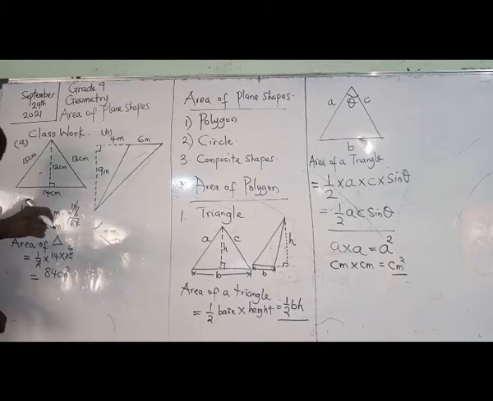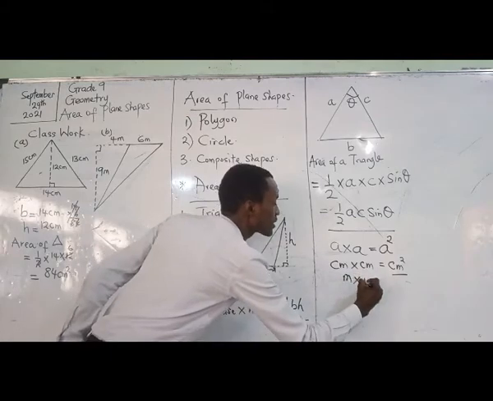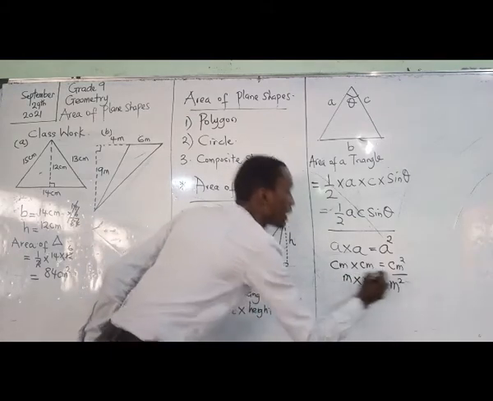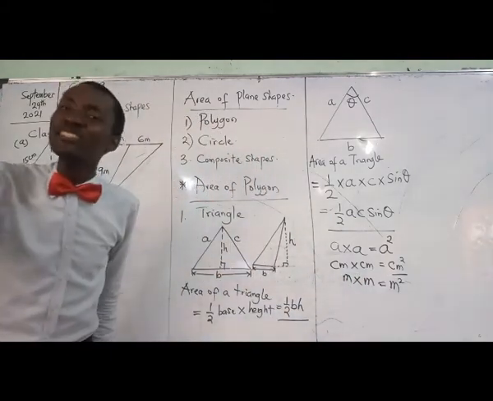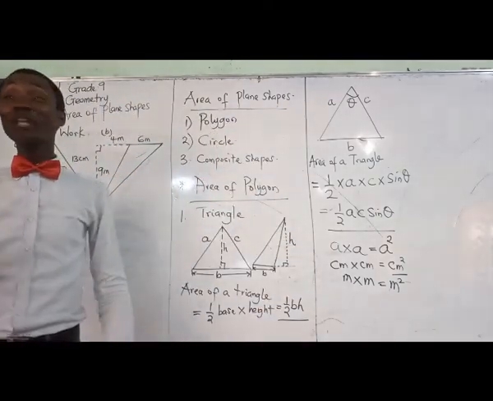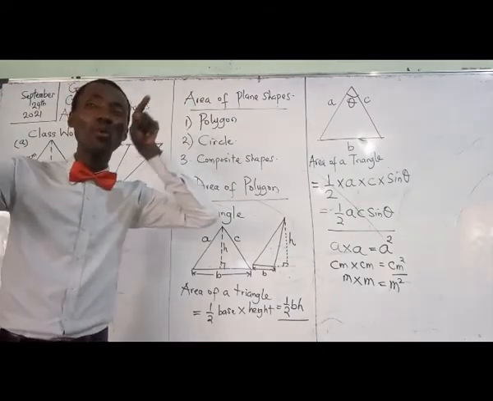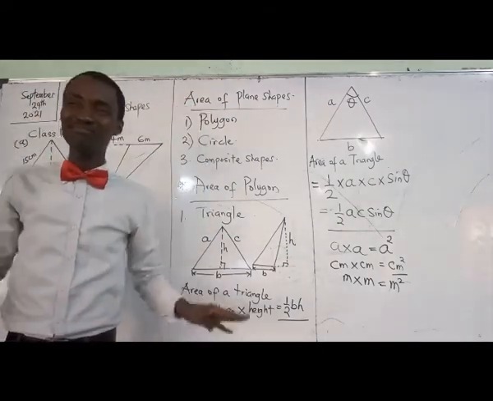Cm times cm will give you what? Cm squared. So whatever you have meter times meter, it will be what? Meter squared. Because you have done indices in your grade 8. It's a connection. If you see academic work in connection, you will do well. That's it.